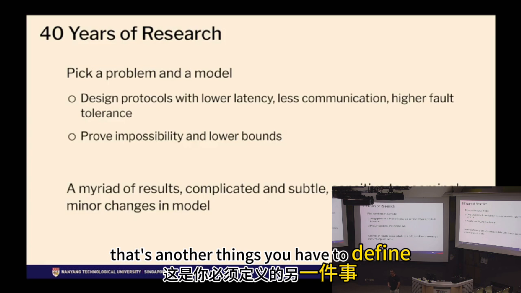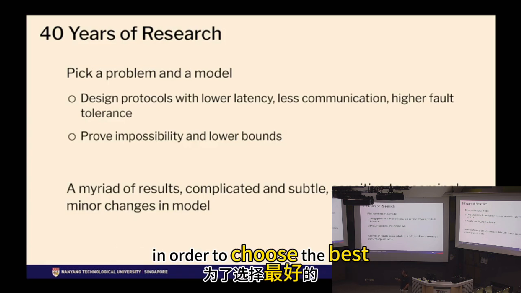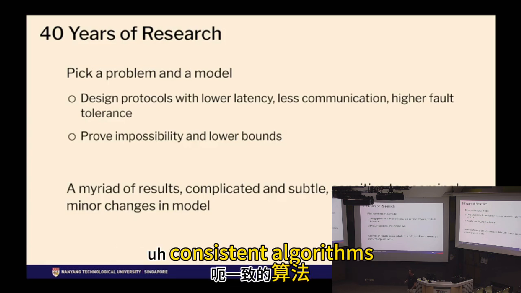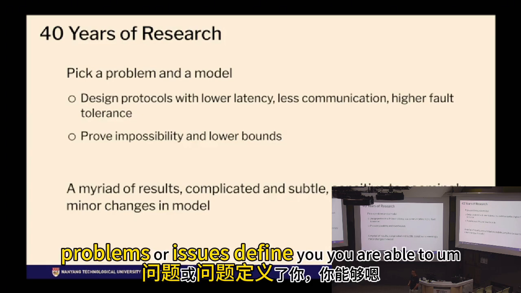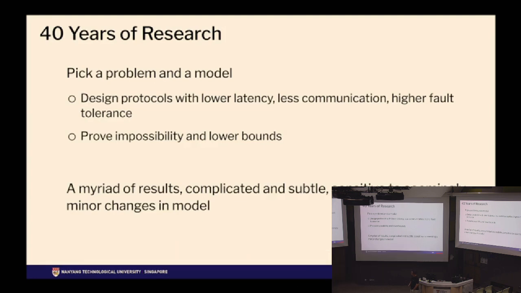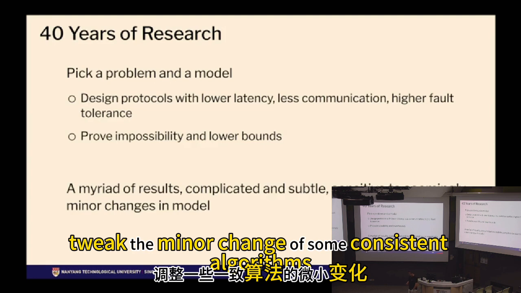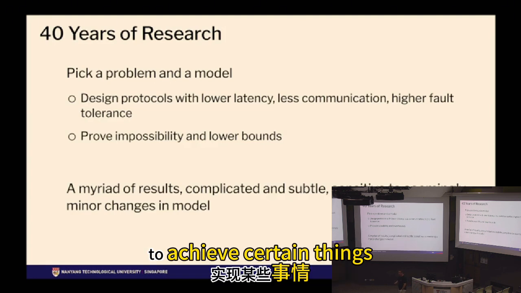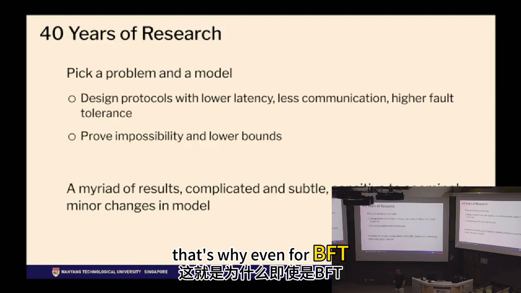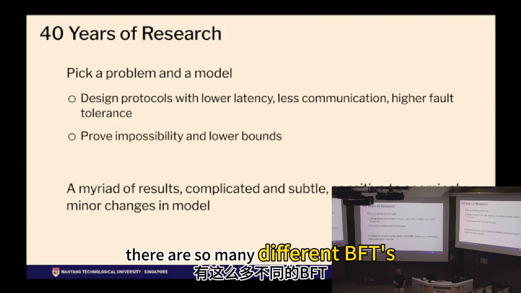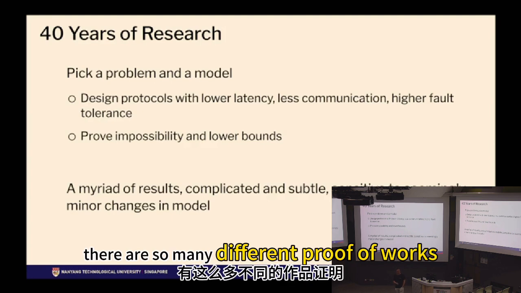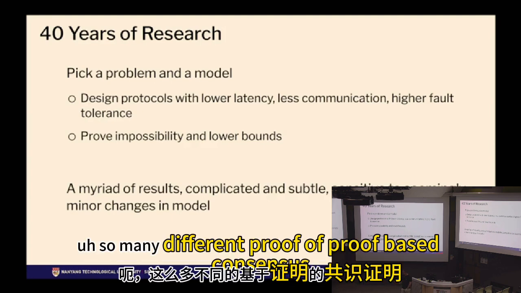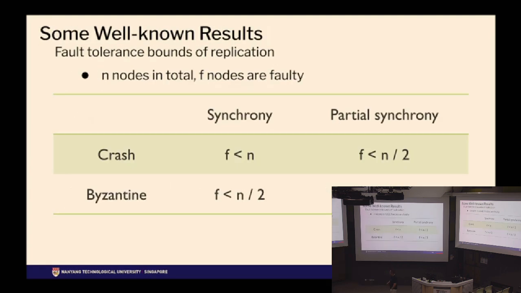That's another thing you have to define in order to choose the best consensus algorithm. Once all these problems are defined, you are able to tweak minor changes of some consensus algorithms to achieve certain things. That's why even for BFT, there are so many different BFTs, and for proof of work, there are so many different proof of works. So many different proof-based consensus.